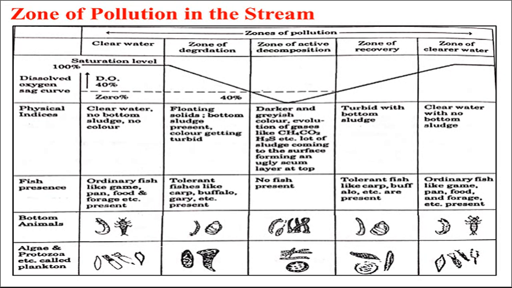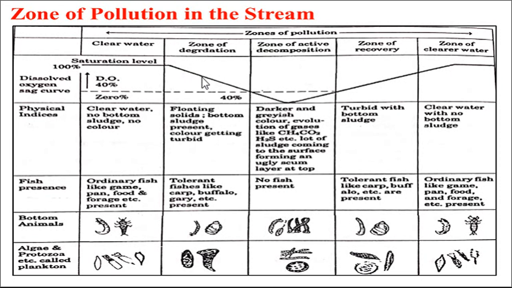Then when we discharge the wastewater into the stream, at that point the DO is at 100% saturation, and as soon as wastewater is discharged, the DO level starts depleting. It is shown by an inclined line.